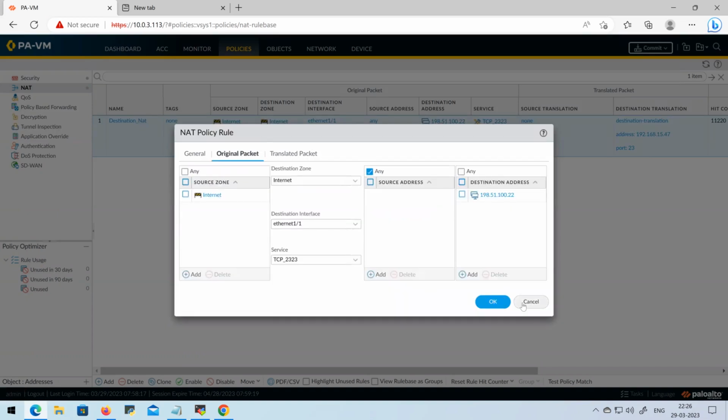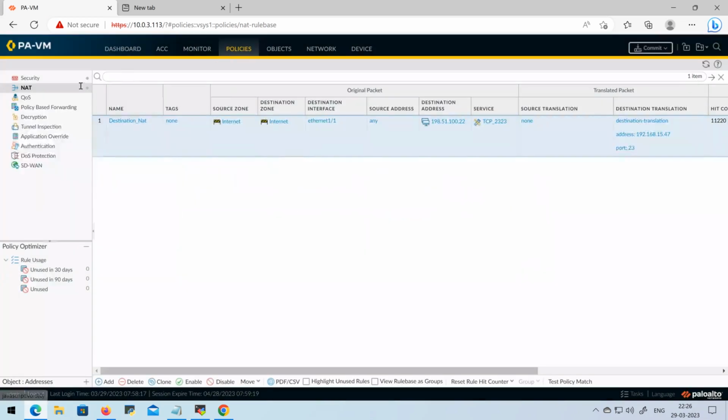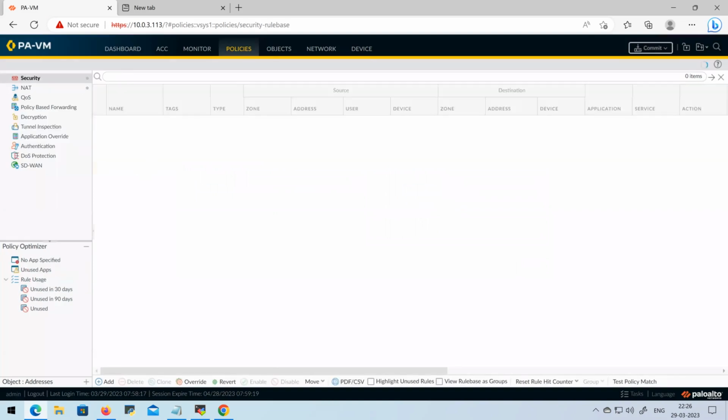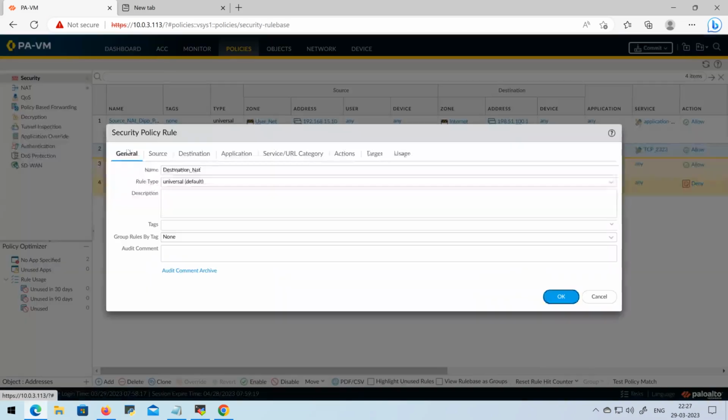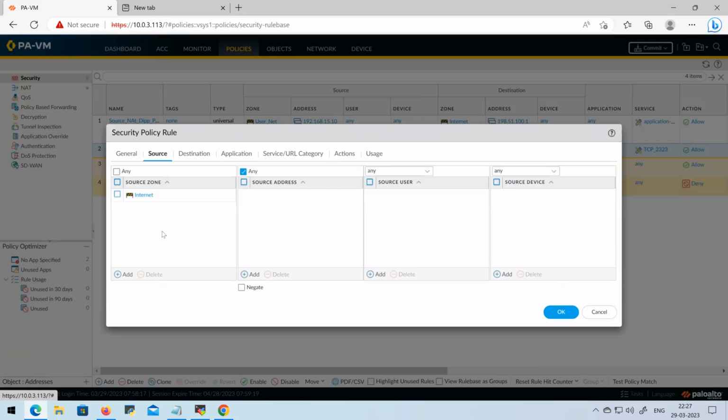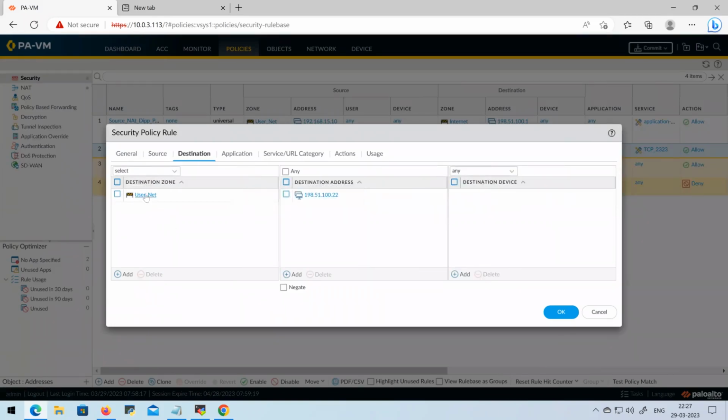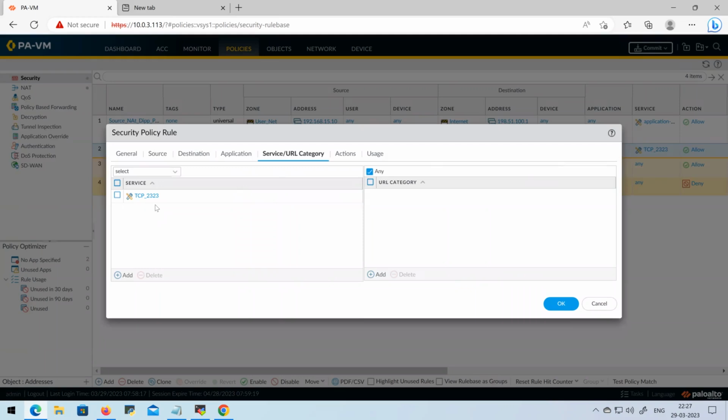Now I am saying the policy also needs to allow it. What does the policy say right now? The policy says the traffic is sourced from internet, going to destination usernet, because it gets translated first, for destination 198.51.100.22, which is okay. But in the service, I allow TCP 2323. Is it going to work?